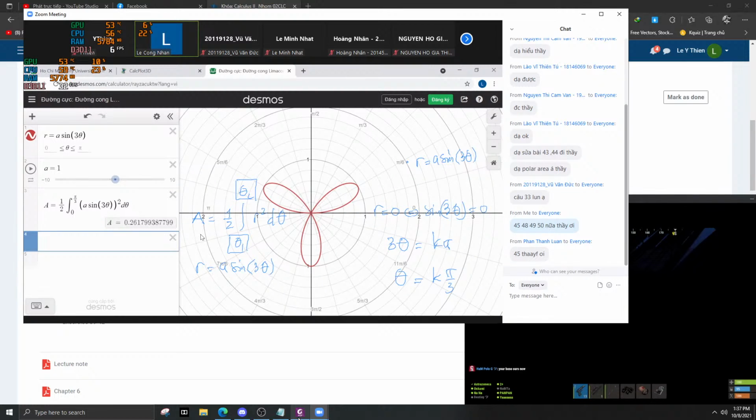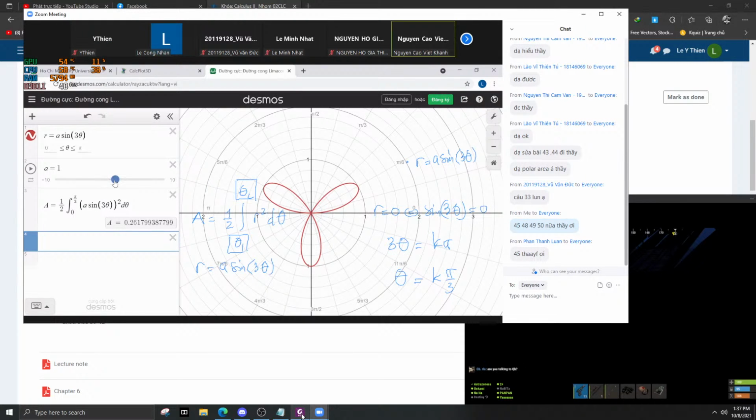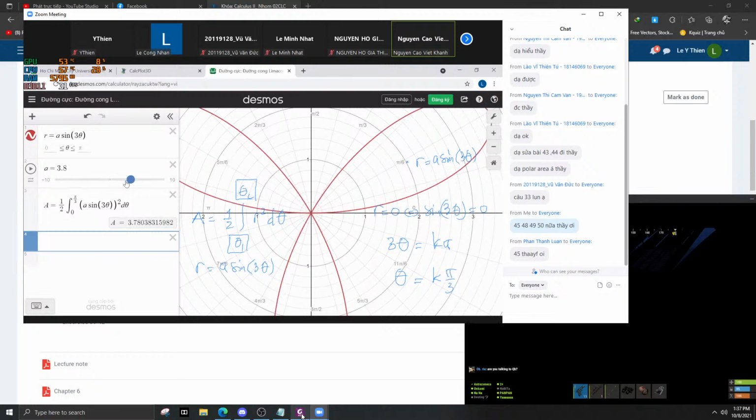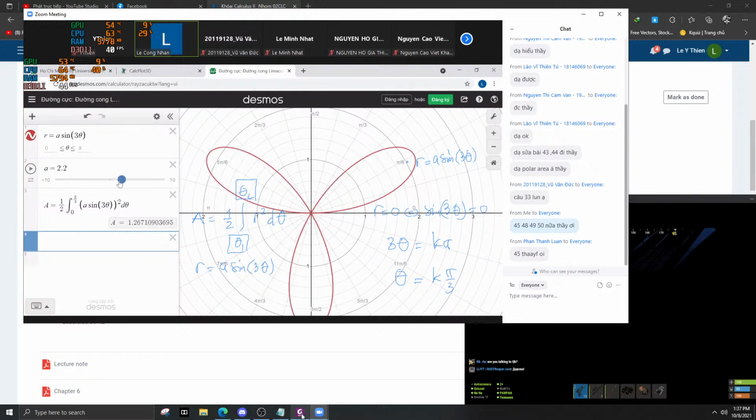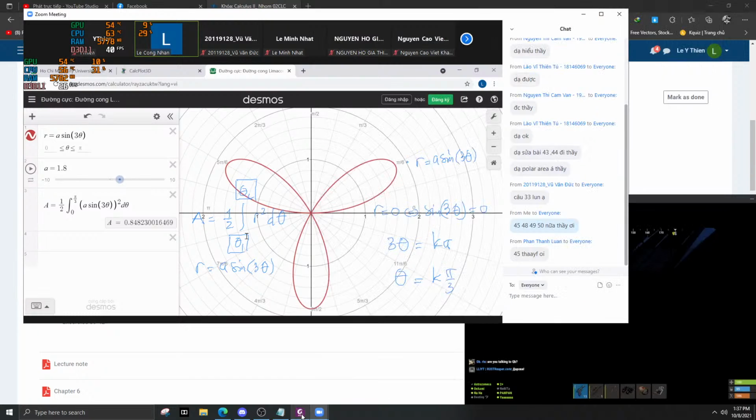So we get the result. Does it make sense? This result is true for i equal 1. If I let i change its value, then the value of the area changes too. Does it make sense?